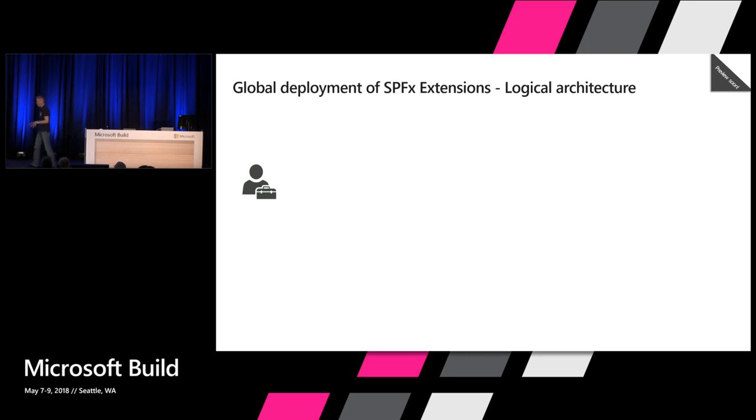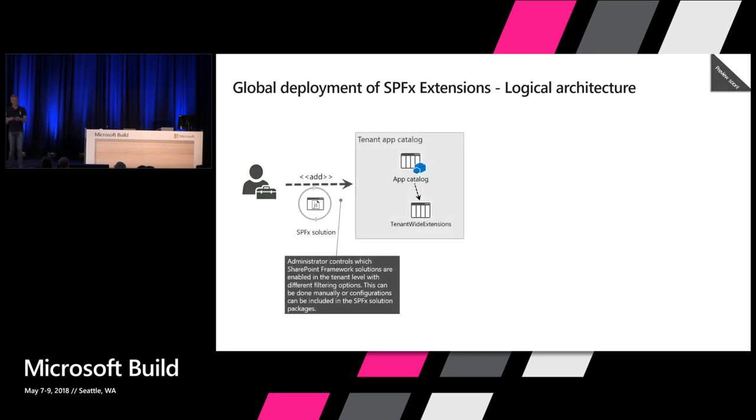What we mean is that within your SharePoint Framework solution, you could have a customization which provides a footer or a header to your SharePoint sites or the whole SharePoint tenant. You obviously want to have that footer or header in every single site, or you might or might not want to, but pretty often you do. Now, with global deployment, when this is available, you're able to deploy entries to a tenant-wide extension list. And I'll show this in practice.